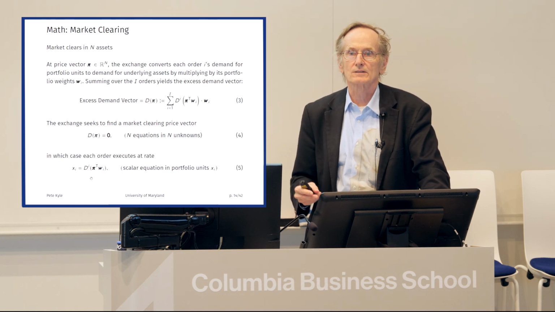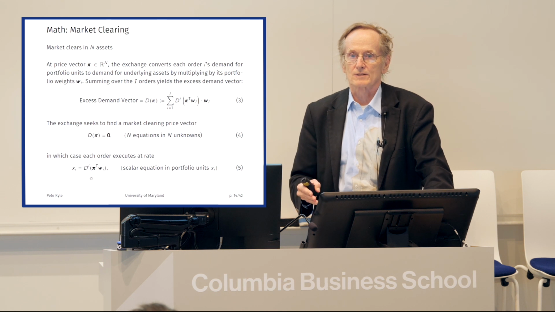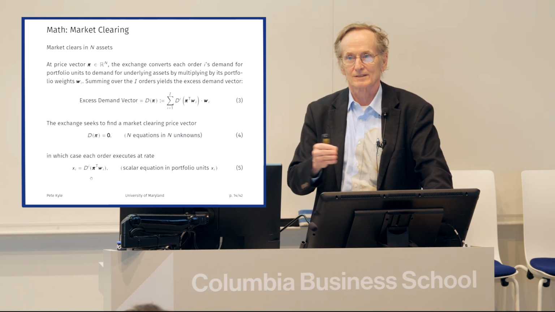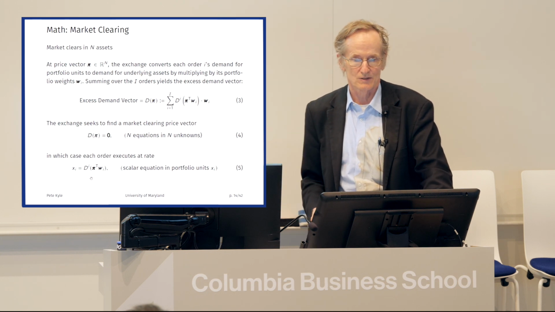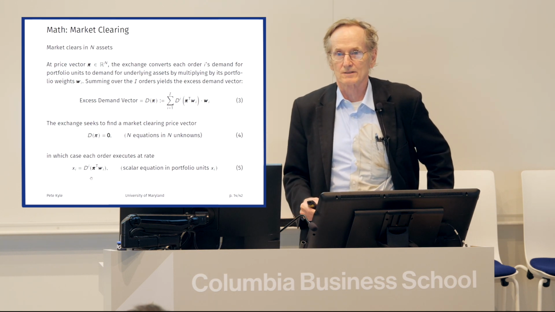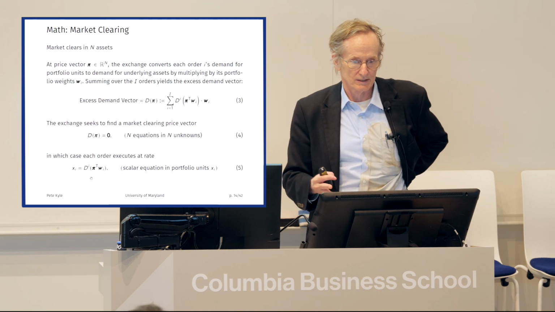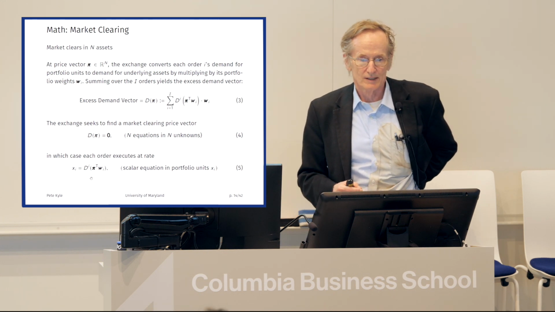So in order to calculate market clearing prices, you'll have to solve 1,000 equations and 1,000 unknowns if there are 1,000 assets. And so how can you solve the 1,000 equations and 1,000 unknowns in 1 second? Well, let's first describe what the equations are.